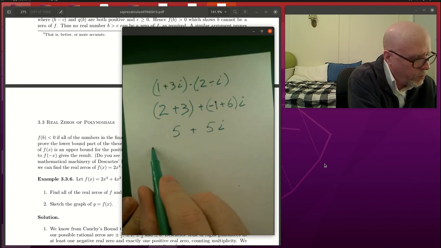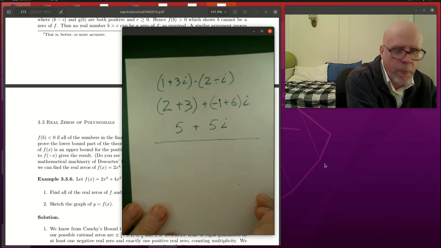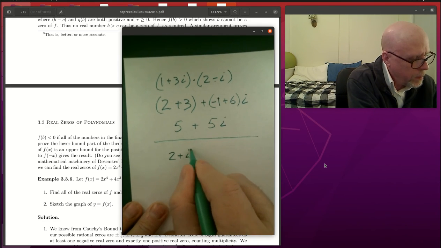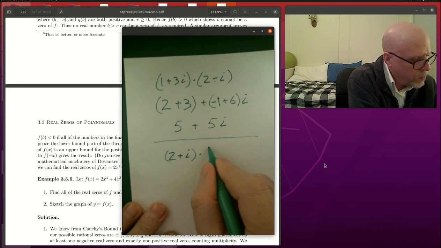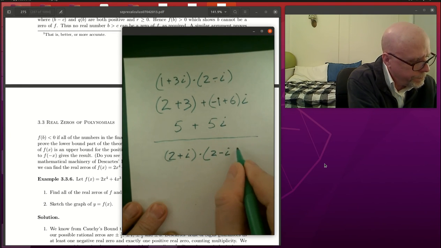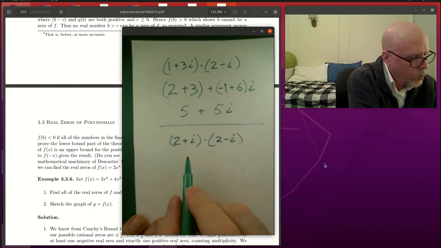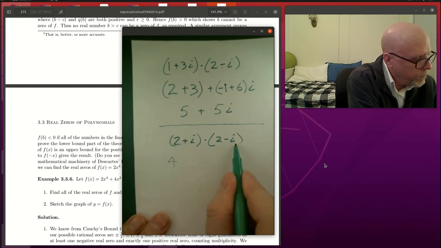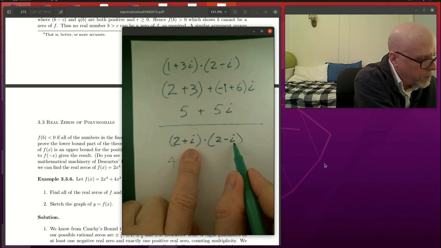I just want to show you one more example of this kind of stuff. Suppose I did like 2 plus I times 2 minus I. The FLOI rule of that would be 2 times 2 is 4. We just saw one where we had a plus and a minus term.